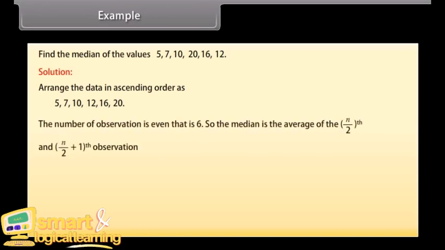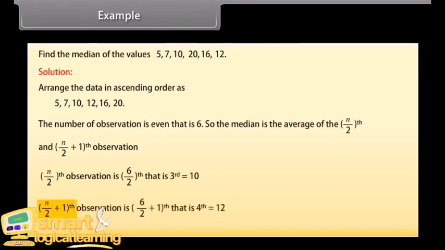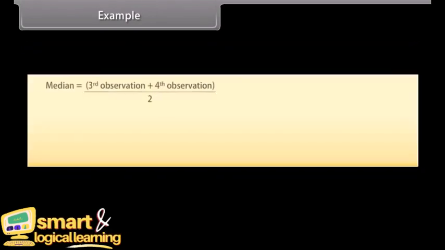So, the median is the average of the n by 2th and n by 2 plus 1th observations. The n by 2th observation is 6 by 2th, that is, third, equals 10. The n by 2 plus 1th observation is 6 by 2 plus 1th, that is, fourth, equals 12. Median is equal to (third observation plus fourth observation) by 2, which equals (10 plus 12) by 2 equals 11.